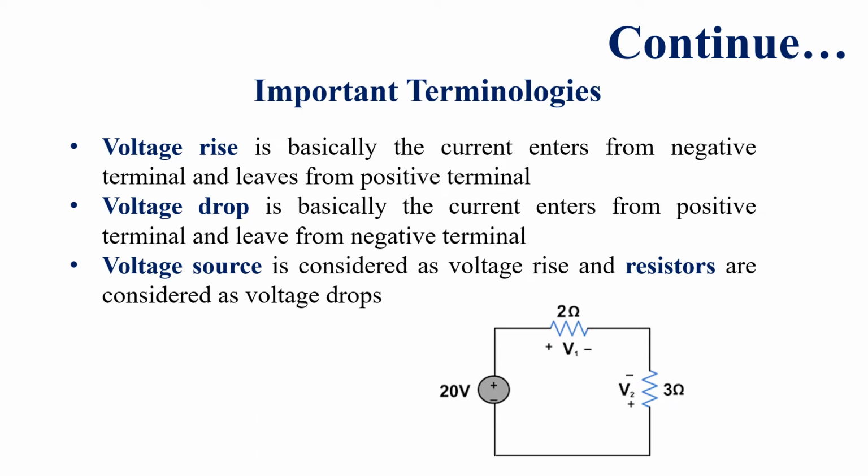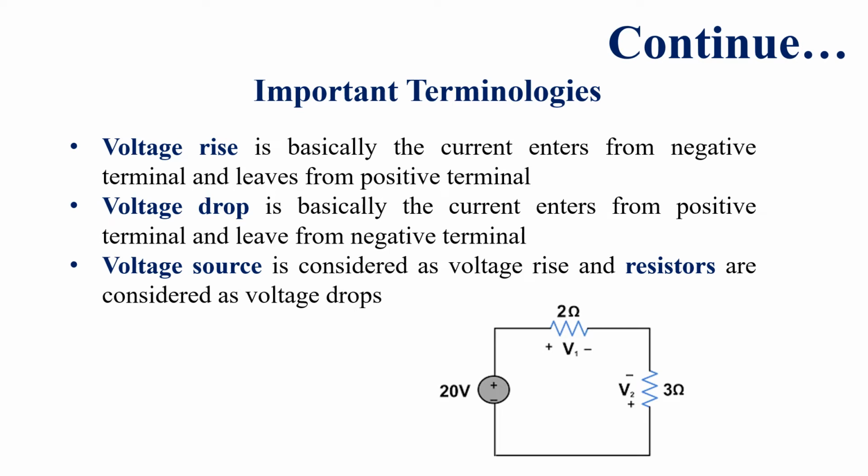Now here we have some important terminologies related to Kirchhoff's voltage law. As we know, the voltage rise exactly equals the voltage drop in any electrical circuit. Voltage rise is basically when the current enters from the negative terminal and leaves from the positive terminal.